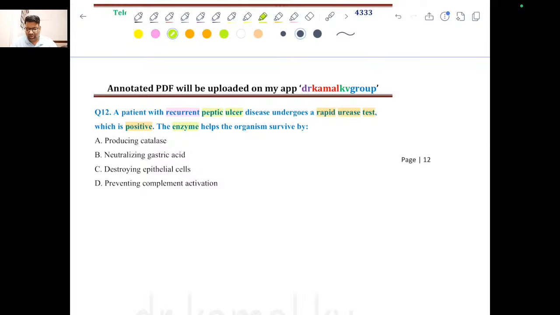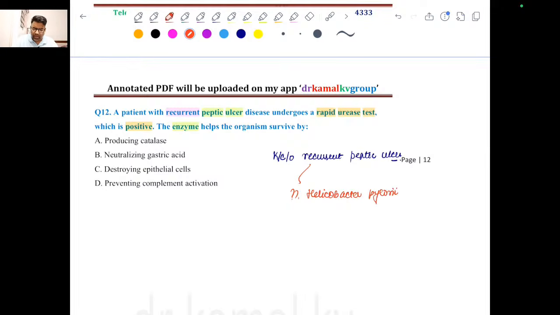So I think the moment you have a case of recurrent peptic ulcer, the very first is Helicobacter pylori, and this is confirmed with the rapid urease test.